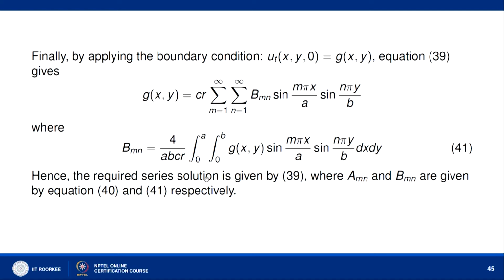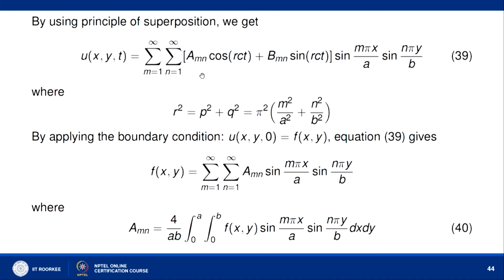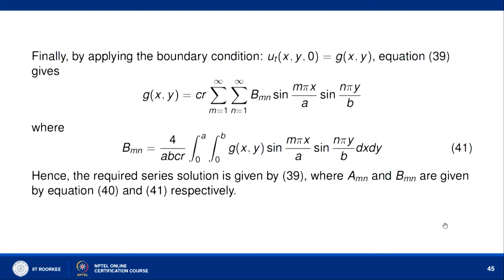Hence the required series solution is given by equation 39, and the coefficients a_mn and b_mn you can obtain from equations 40 and 41. With this we have obtained the solution of the 2-dimensional wave equation using the variable separable method.